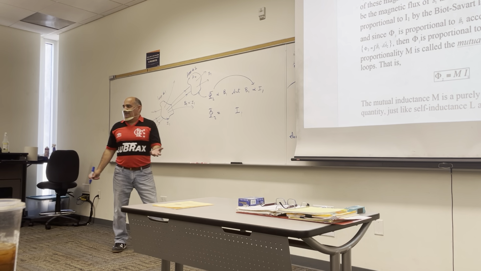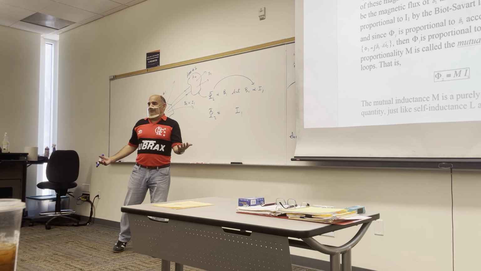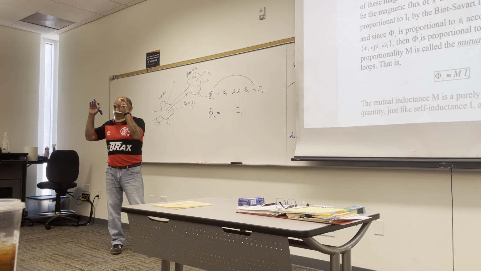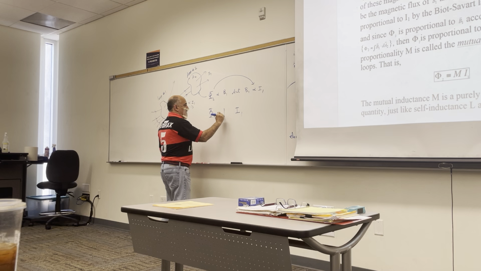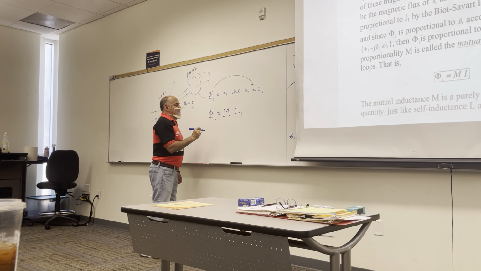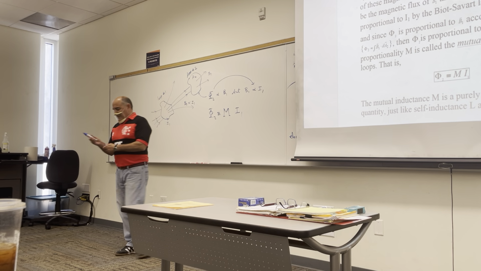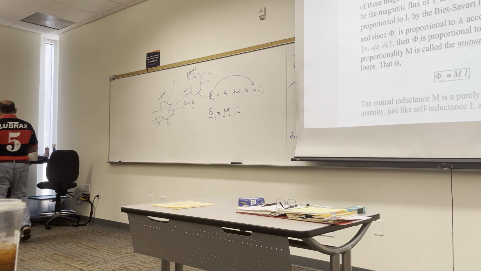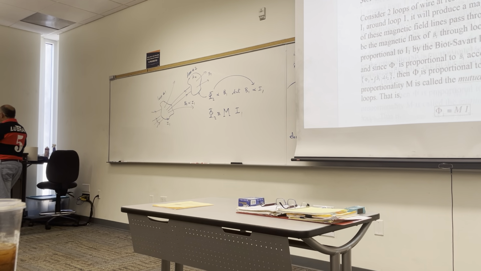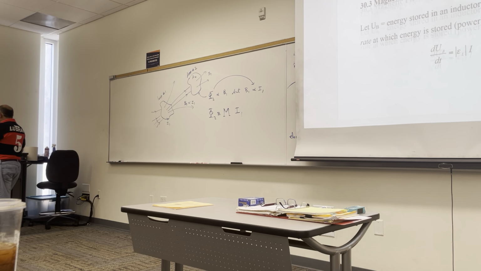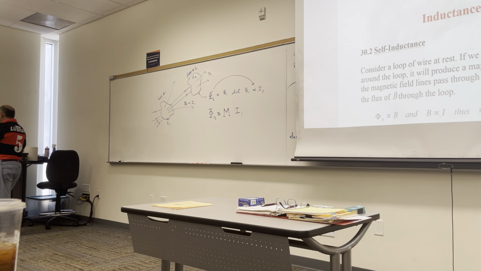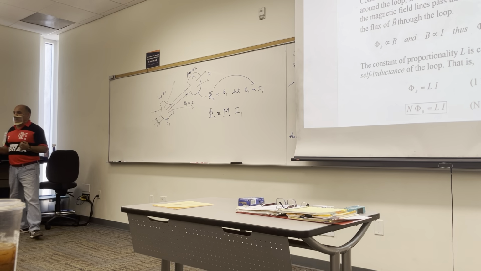That's called the mutual inductance. The symbol that's used is a capital M. When I first presented this proportionality issue, it was only one loop, not another loop.